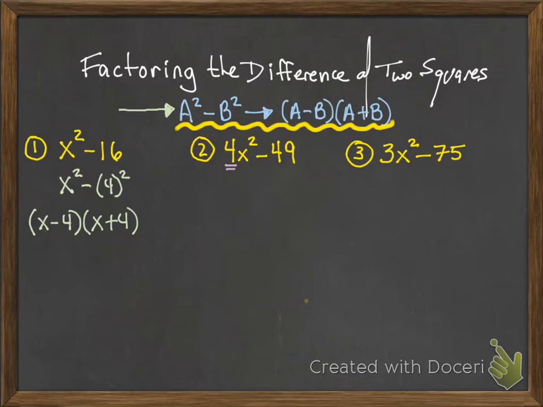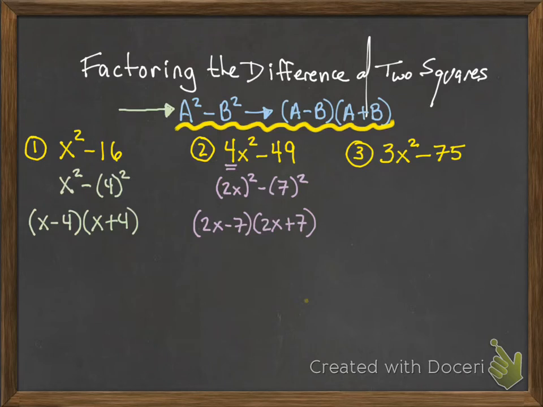So we can verify that these are two squares by saying 4x squared is actually 2x to the second power minus 7 squared. Therefore, we're using the same pattern we see above: since we have the difference of two squares, we take those and go 2x minus 7 and 2x plus 7. And that is completely factored out.